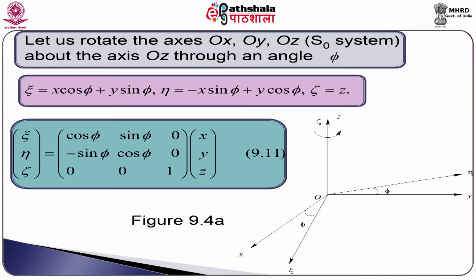Let us rotate the axes OX, OY, OZ, which are axes of the S0 system, about the axis OZ through an angle phi to obtain O xi, O eta, O zeta, which are axes of the S1 system, keeping OZ fixed.